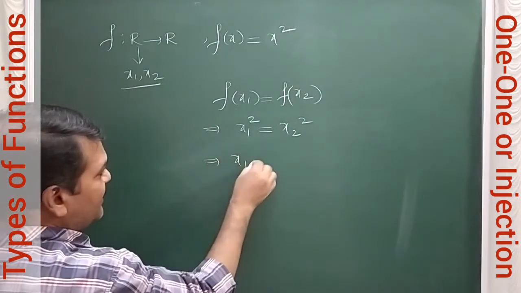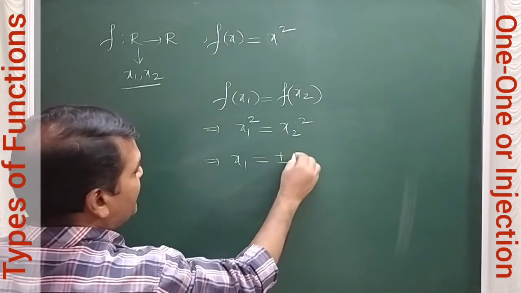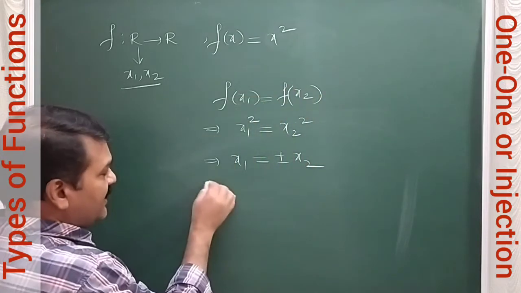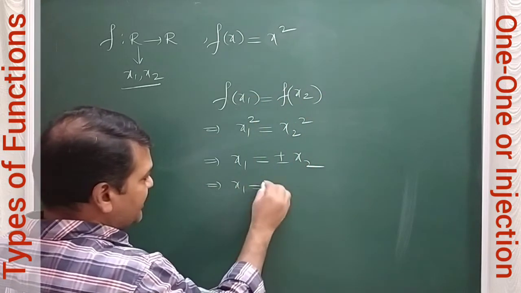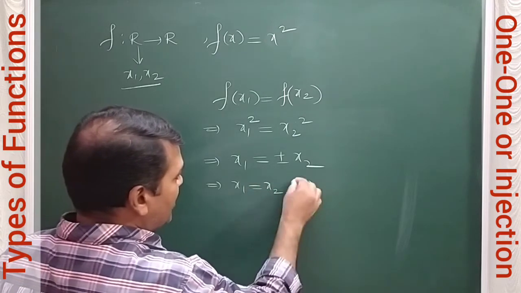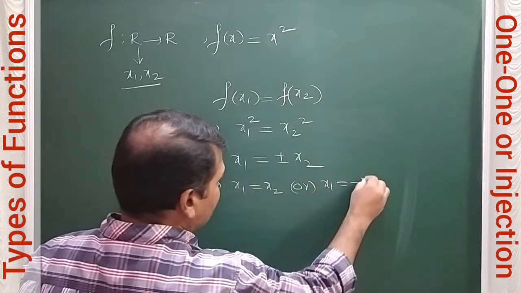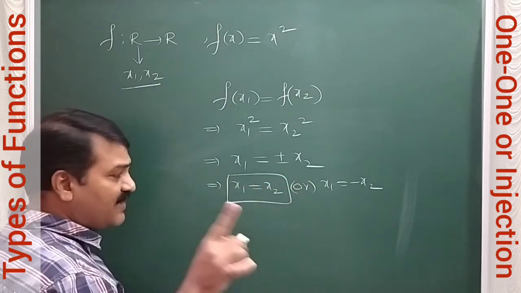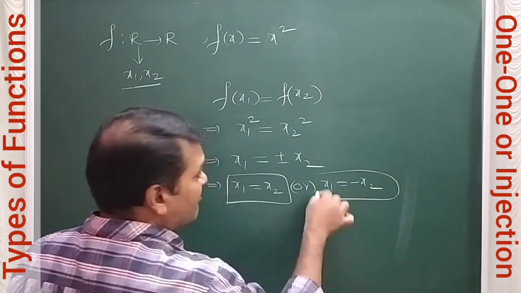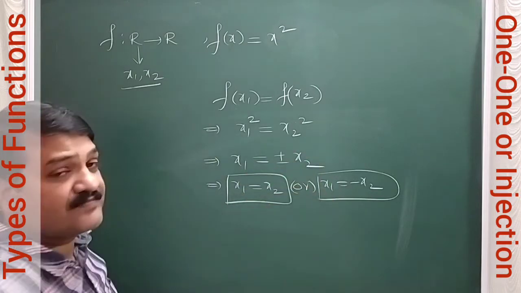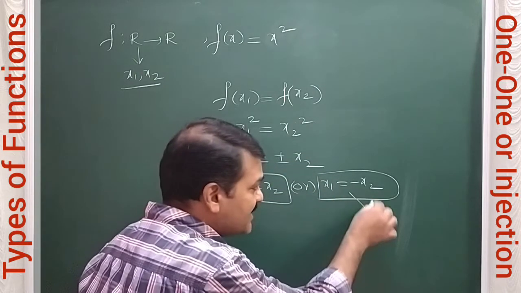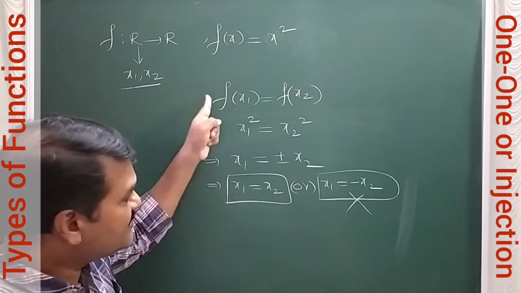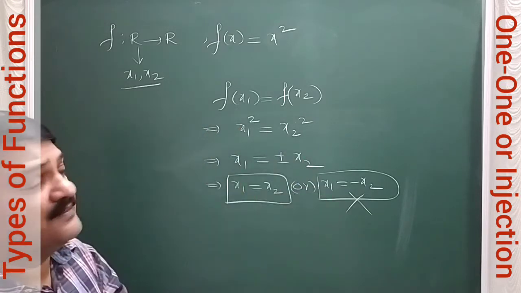So x1 is equal to plus or minus x2 you will get. That means x1 is equal to x2 or x1 is equal to minus x2. We are getting x1 is equal to x2, fine. But we are getting one other condition. You should not get other conditions, only this you must get. So hence this is not 1-1.